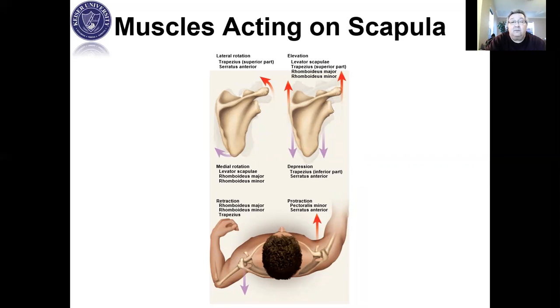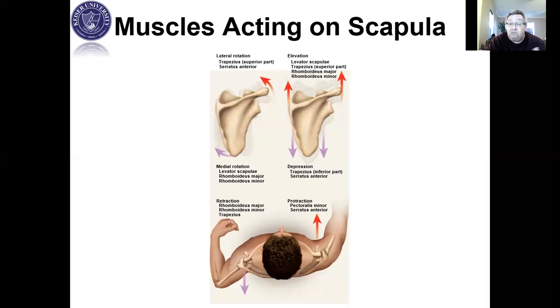The picture on the right-hand top shows how the scapula elevates, lifts up, and depresses, comes down. So underneath each of those, it shows some of the muscles that do that action. When we're talking about elevation, we're talking about the levator scapula, the upper trap, and the rhomboid.